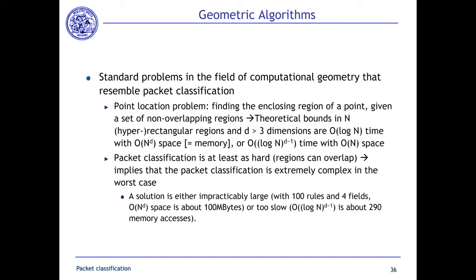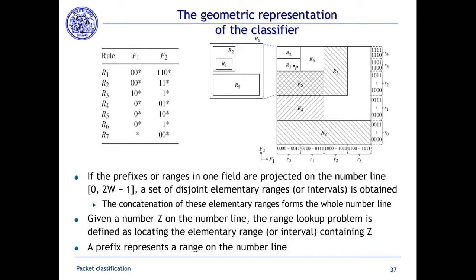So it's quite complicated. In any case, if you don't have too many dimensions, so too many fields, and you don't have too many rules, this is a nice way to solve this problem.